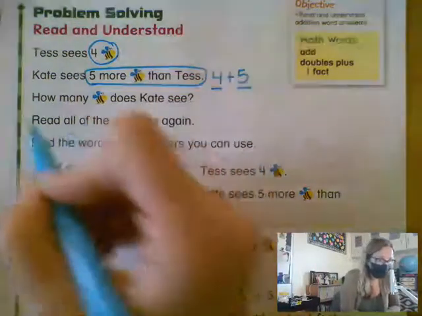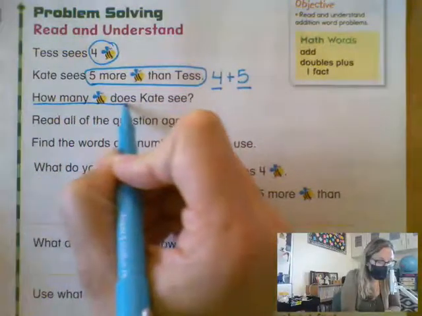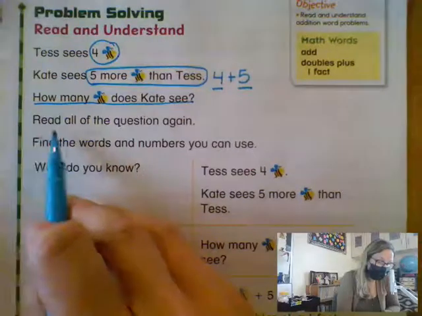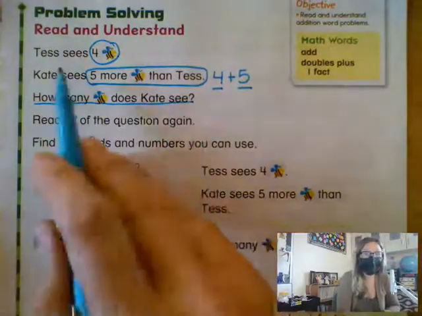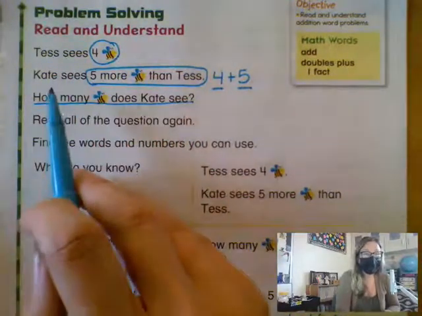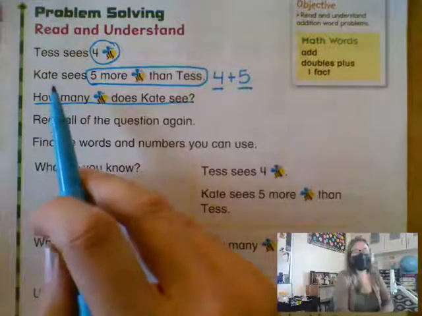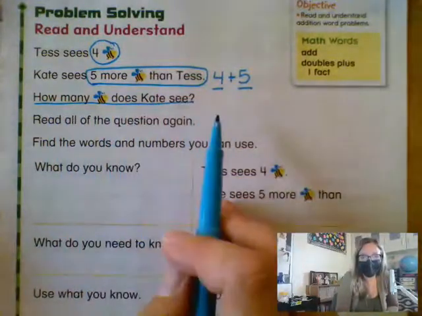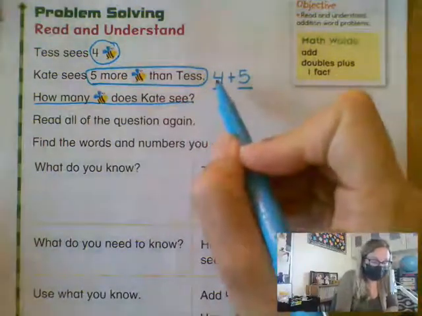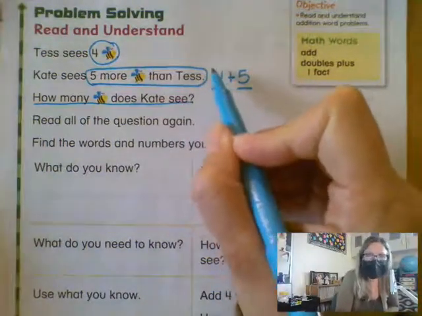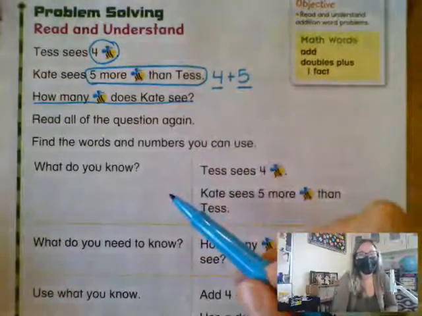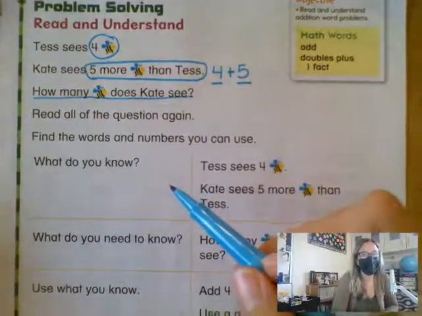So now it says, how many bumblebees does Kate see? Well, let's read all of the question again. Tess sees 4. Excuse me. Kate sees 5 more than Tess. So how many does Kate see? Well, we know that she sees the same amount as Tess plus 5 more. So let's ask ourselves, what do we know?